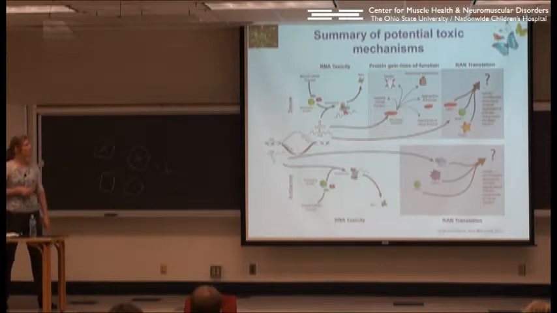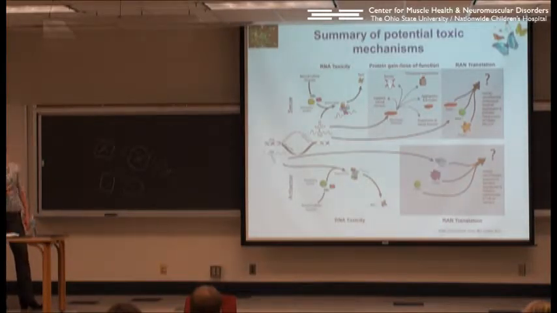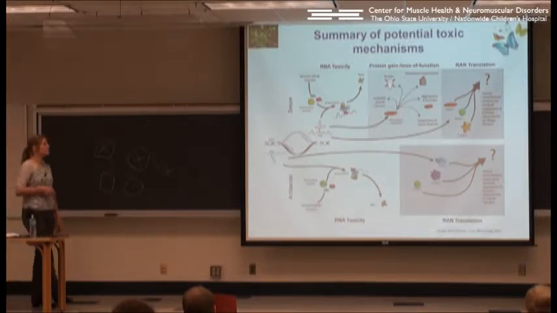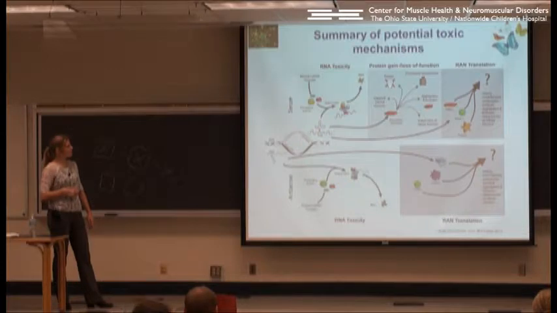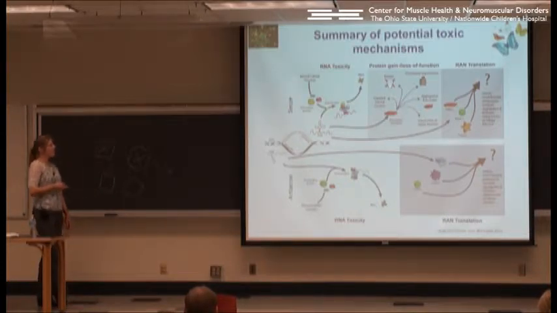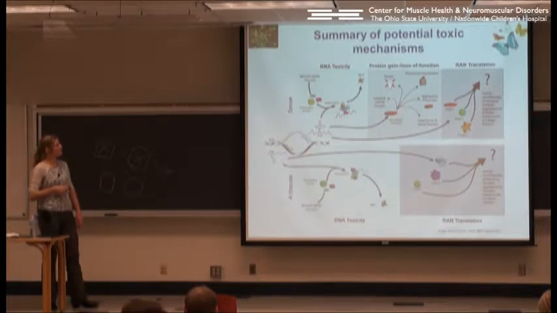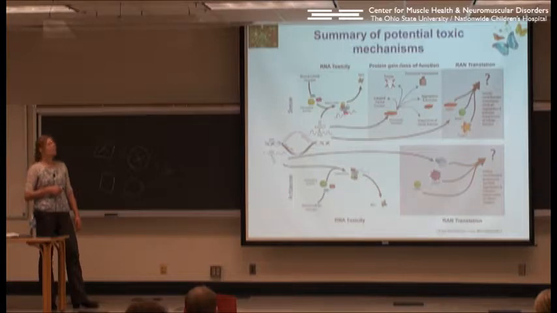So this is a summary of all the potential toxic mechanisms that can go on if you are having a C9orf72 repeat. So the repeat can be transcribed in both directions, giving rise to sense and antisense RNA that can then interfere with normal cellular functions because it's binding RNA binding proteins and creating those foci that I showed you.